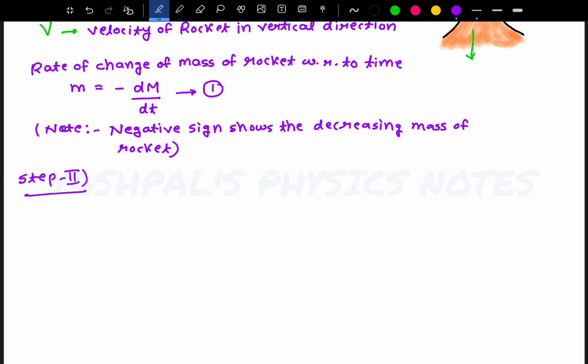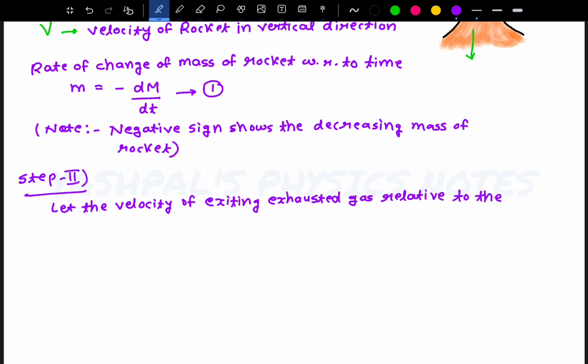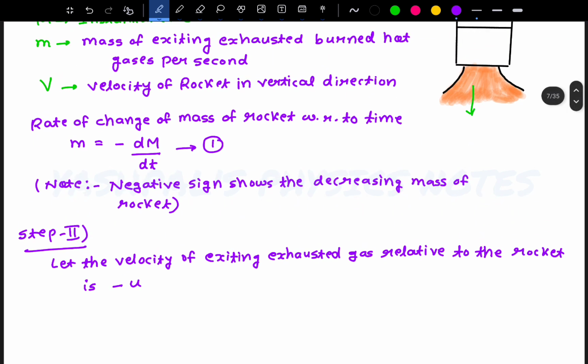Now what we are going to write in step number 2. Here we are going to assume let the velocity of exiting exhausted gases relative to rocket is minus u. Why am I writing the minus small u?